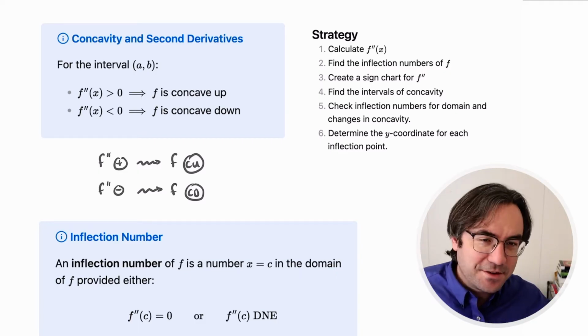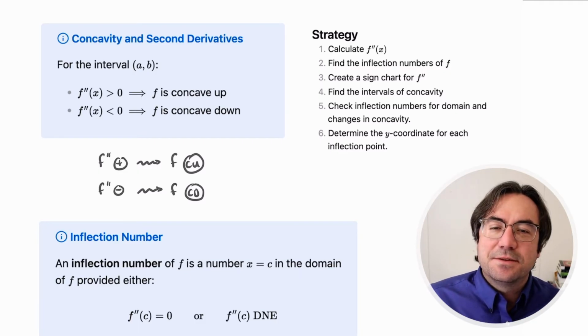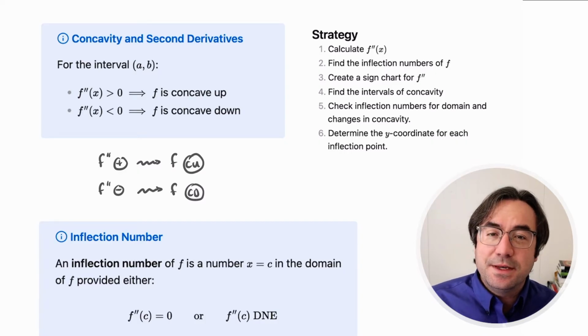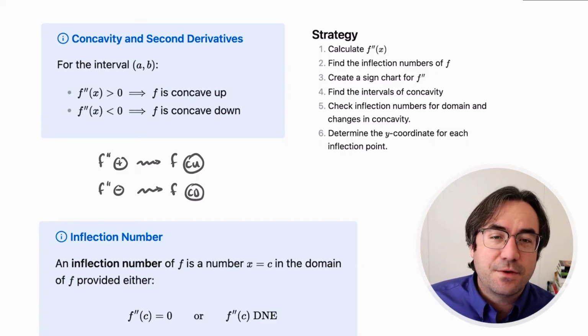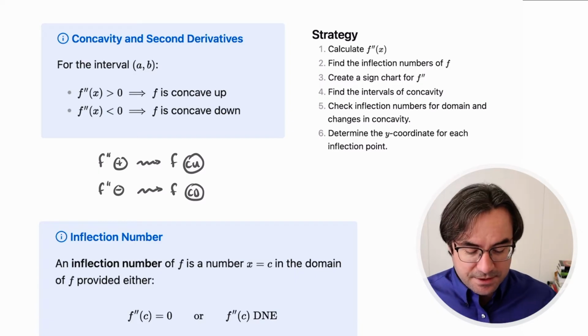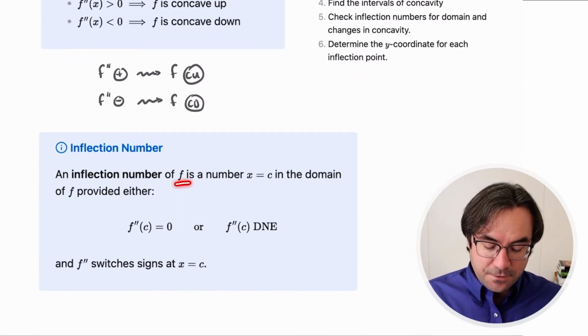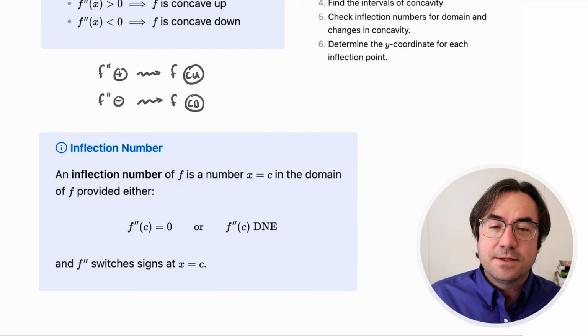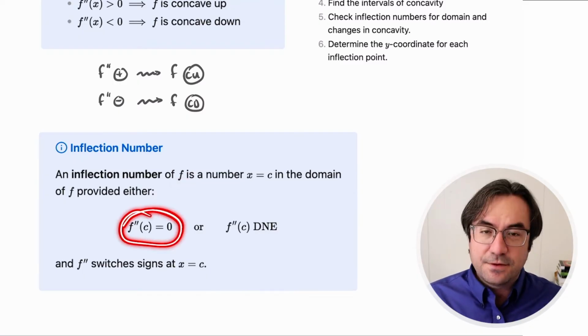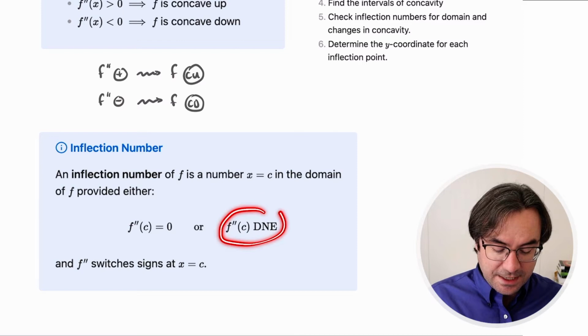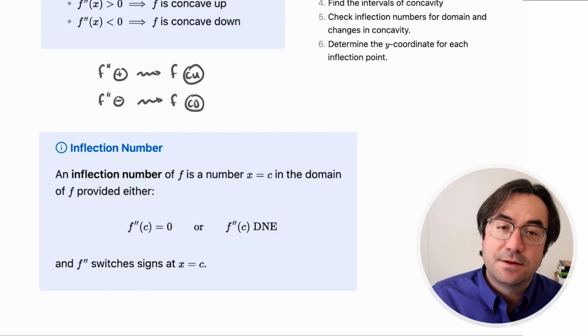So this is another fancy name, but this is similar to what we did with the first derivative and the intervals of increase-decrease. The inflection numbers for some function f are the places where the second derivative is either 0 or the second derivative is undefined.